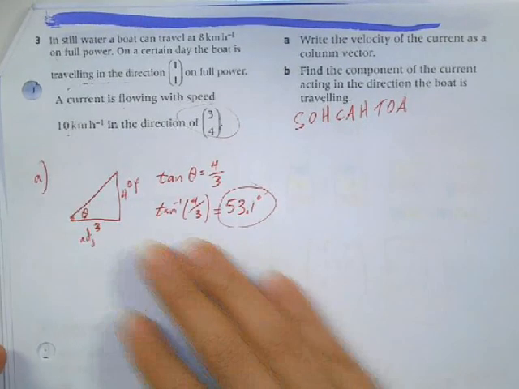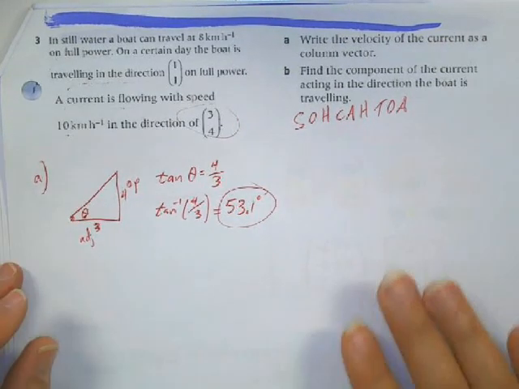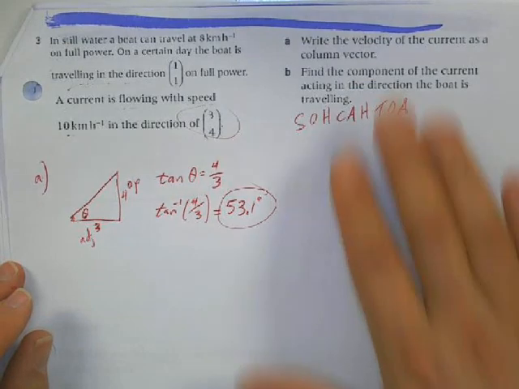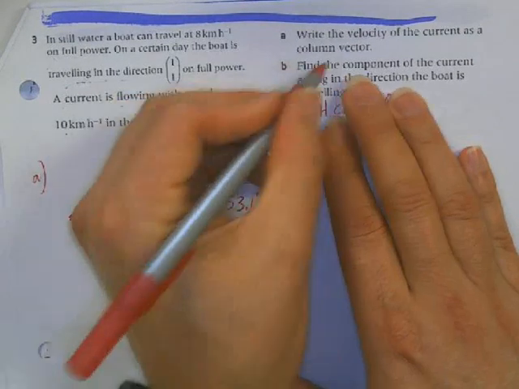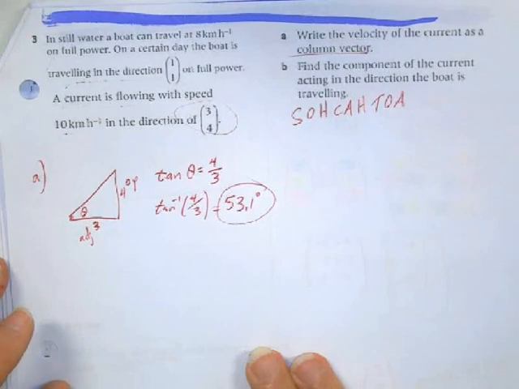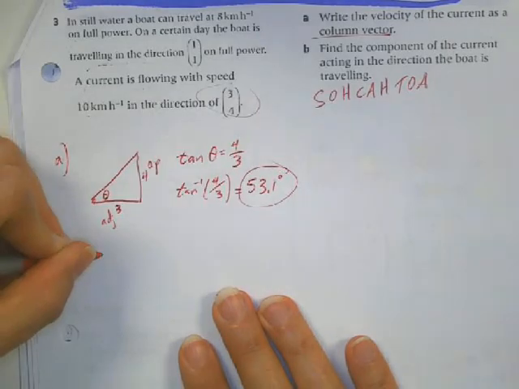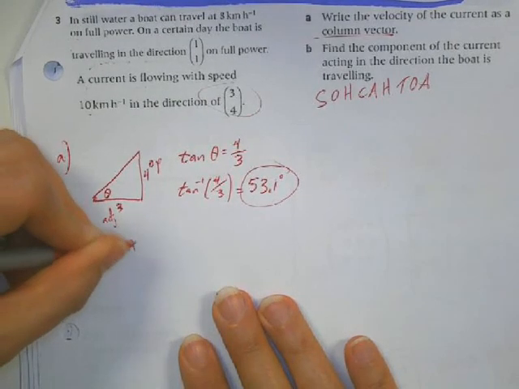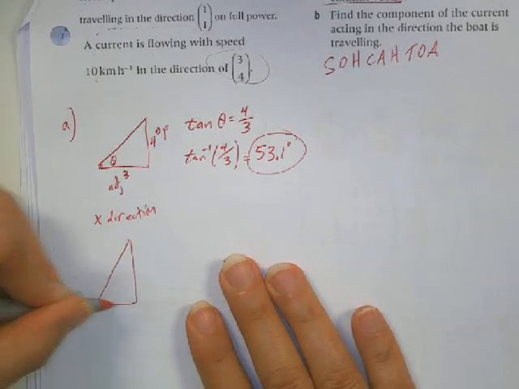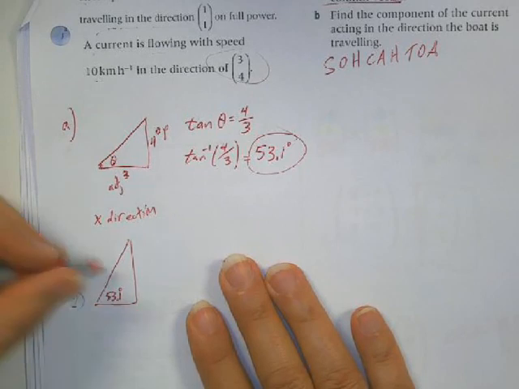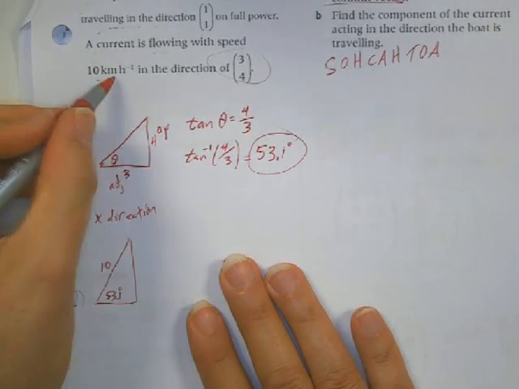Okay. So now I want to figure out the velocity as a column vector. So in the x direction, I'm just going to draw the two triangles. We know this is 53.1 degrees. We know this is 10 because that's the speed.